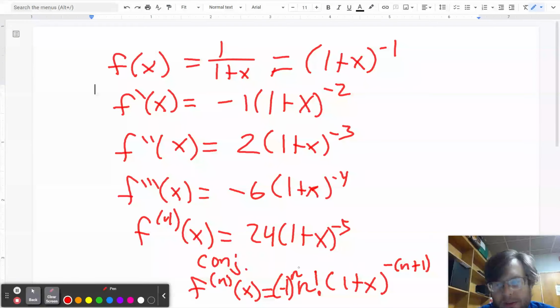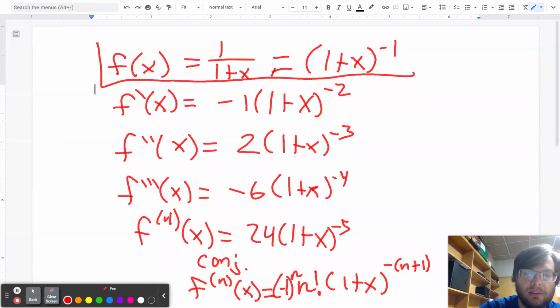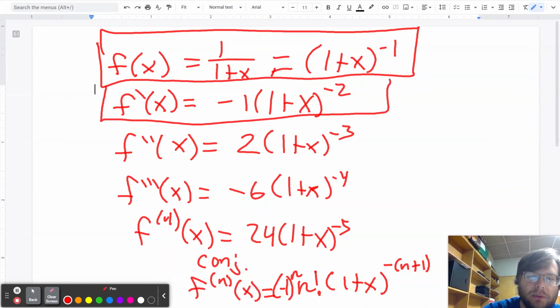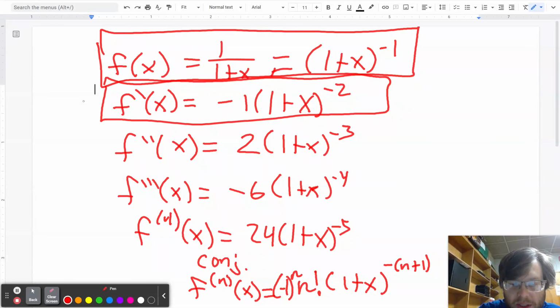I could actually start when n is equal to 0. And if I start with n is equal to 0, I already have the function here. I could have also started with n equals 1 and then moved on from there, but that is also correct. When n equals 1, we get exactly the statement as shown.